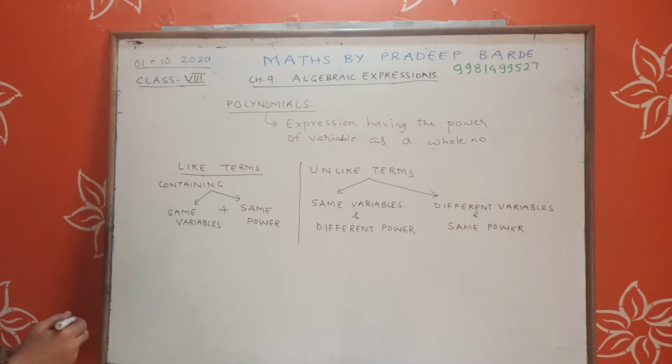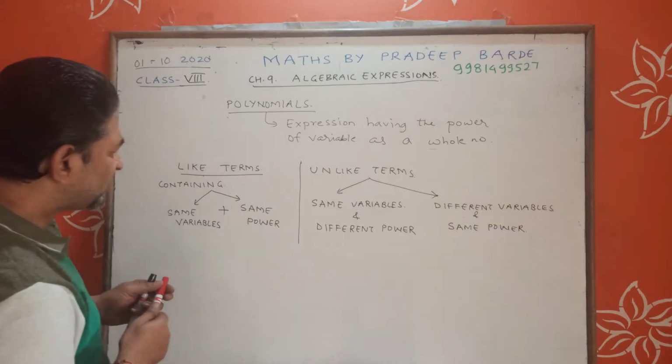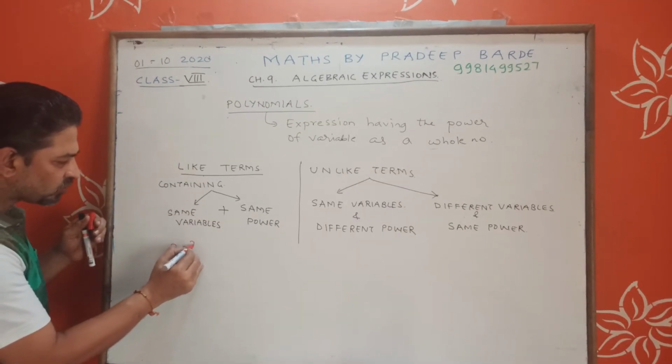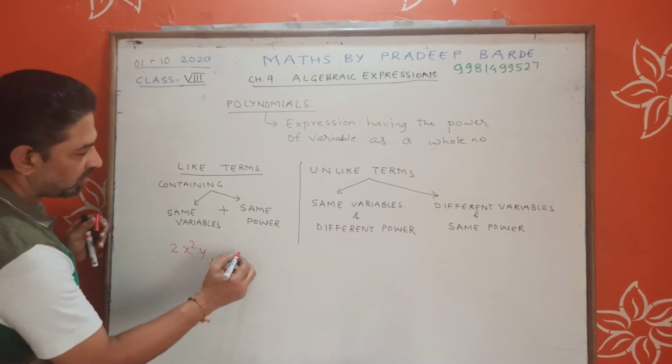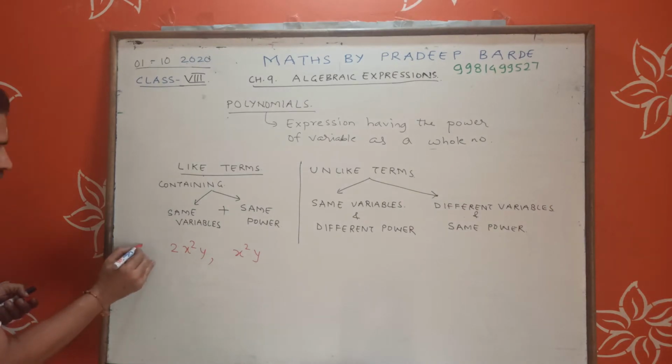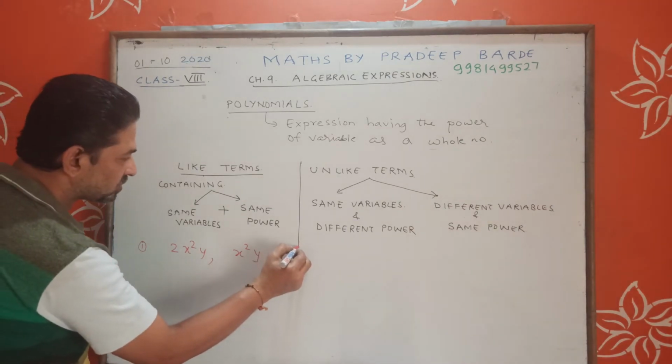Again, these are unlike terms. Let's take some examples. If you write 2x square y and x square y, these are like terms.